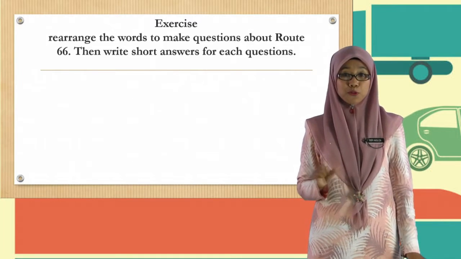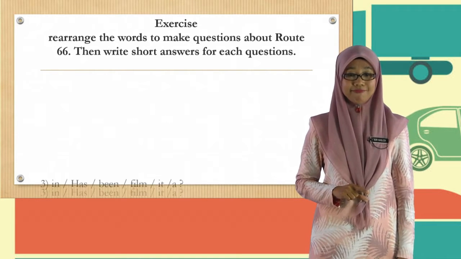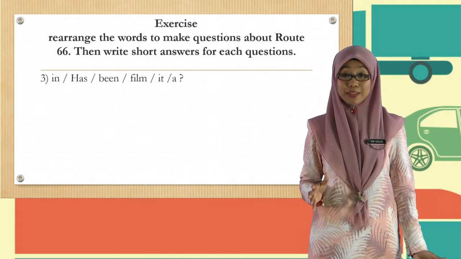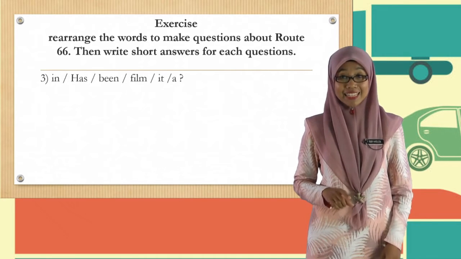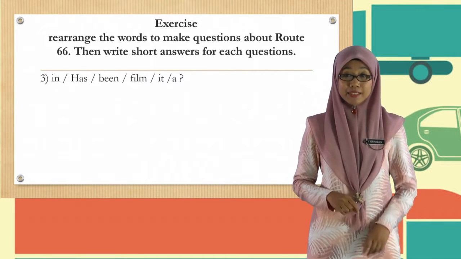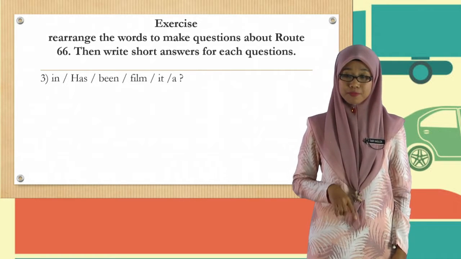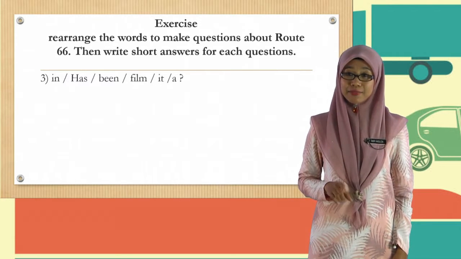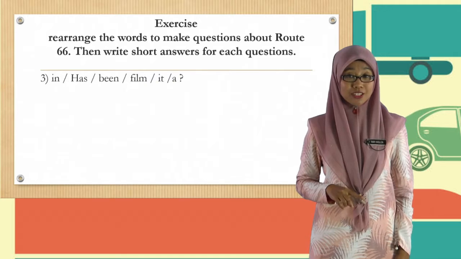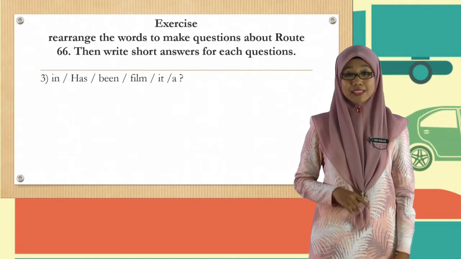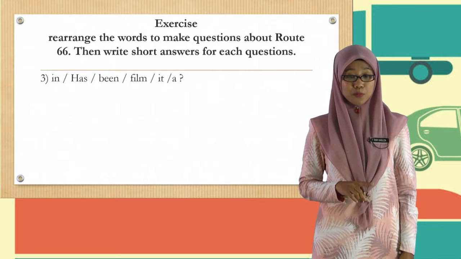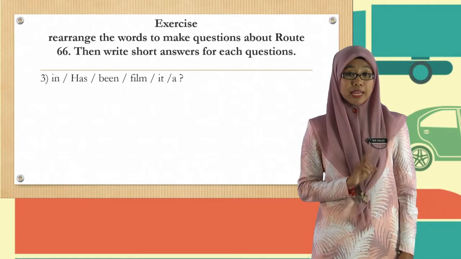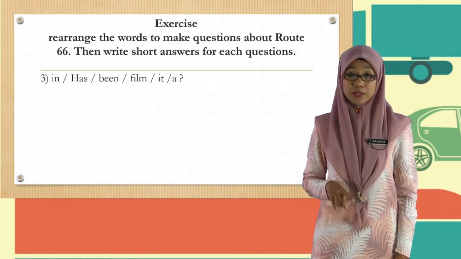Okay, we move to the next question. Question number 3. We have in, has, been, from, eat, and with question mark. What is the answer for question number 3? Remember, verb to have need to be put at the beginning of the question.